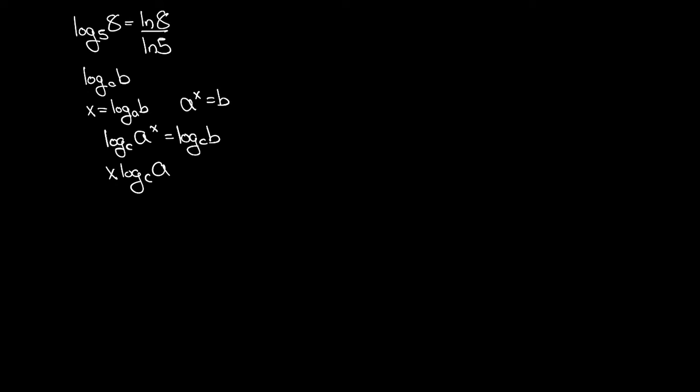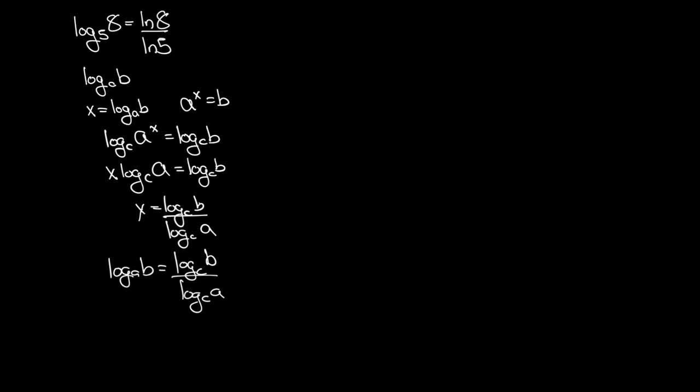We know that to be this, and we know that to be this as well. And so therefore, x is equal to the log base c of b over the log base c of a. Once again, make note of where the numbers are going. Make note of the fact that the log base a of b ends up being the log base c of b over the log base c of a.